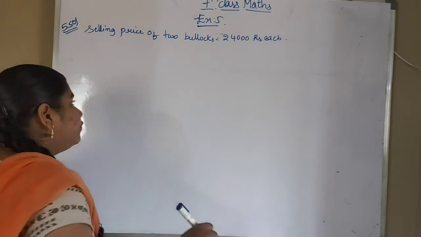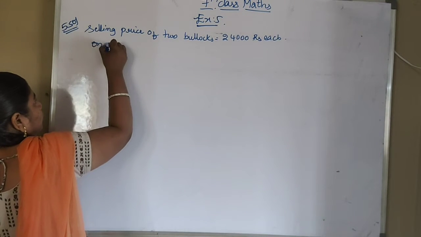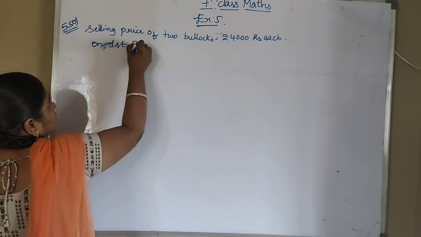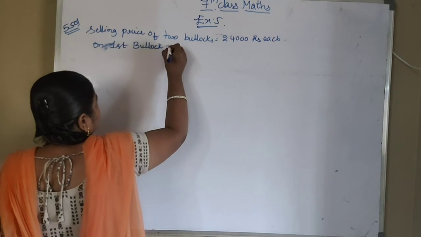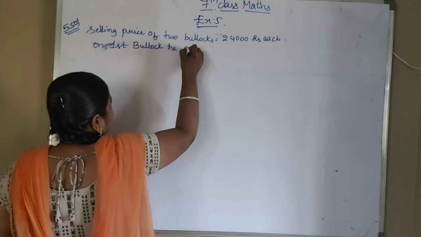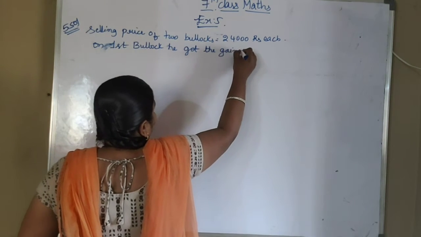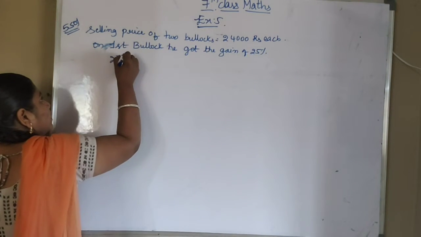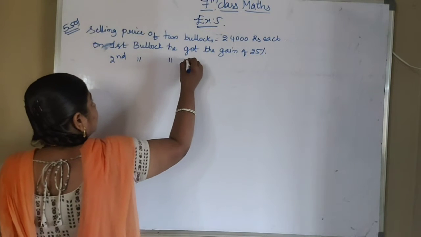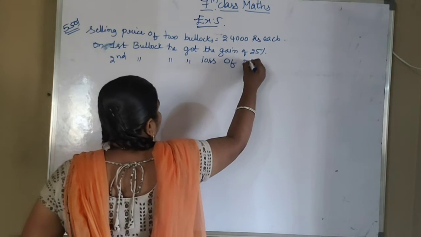On the first bullock he got a gain of 25% and on the second bullock he got a loss of 20%.